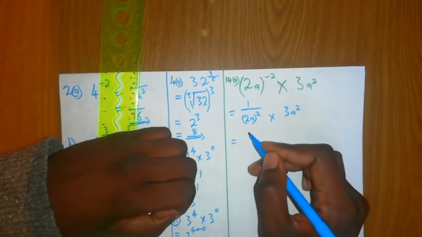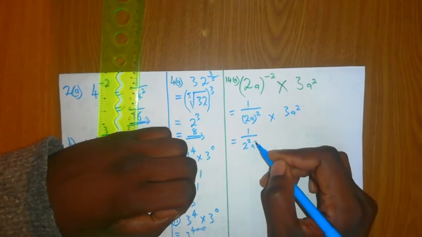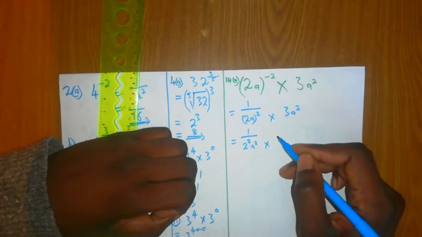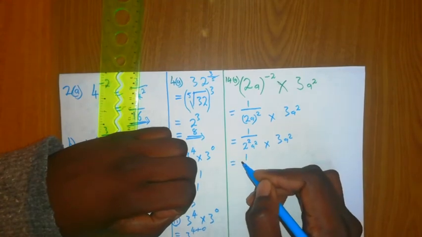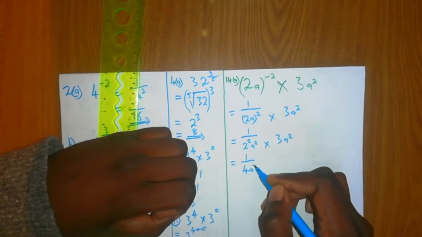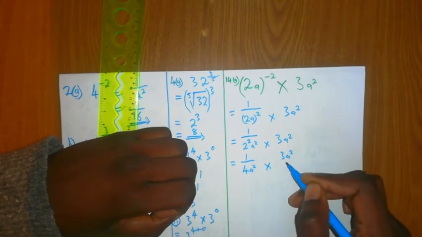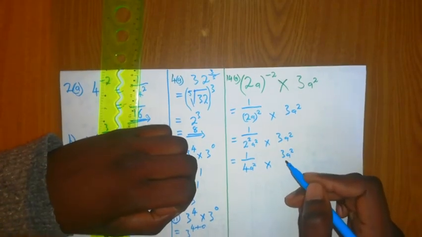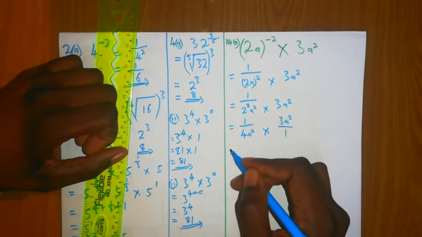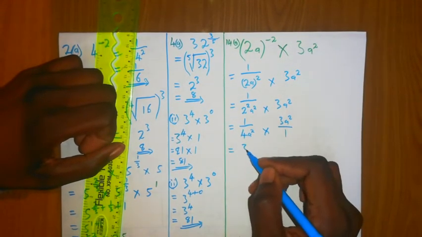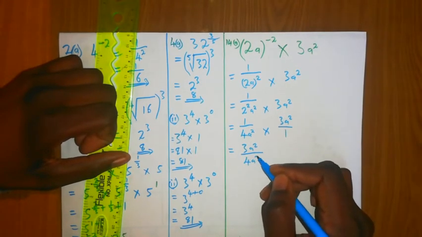That's equal to 1 over 2 squared a squared times 3a squared, which is equal to 1 over 4a squared times 3a squared. I'm going to introduce a 1 under the 3a squared, giving 3a squared over 4a squared.